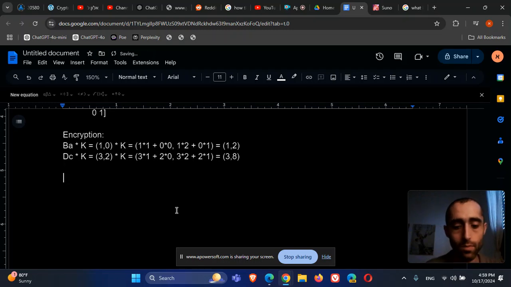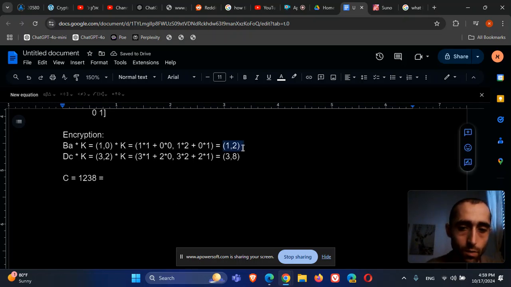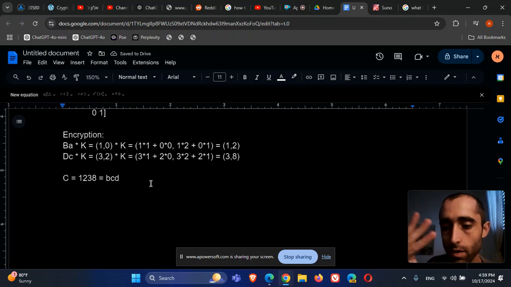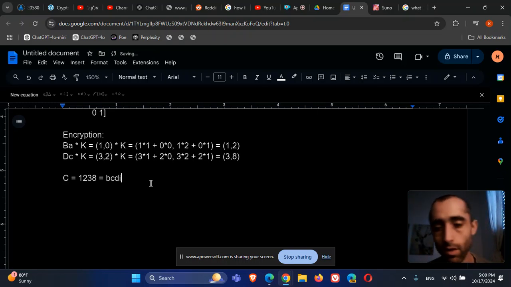So the ciphertext is 1, 2, 3, 8, and I take this one and then this one. And now I can write it in letters, and 8 is A, B, C, D, E, F, G, H, I. This is the ciphertext.